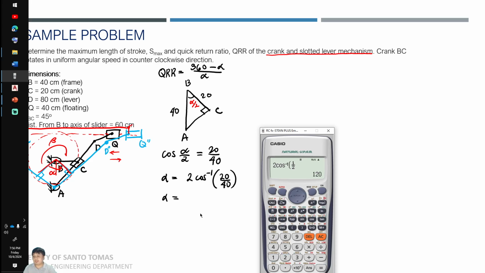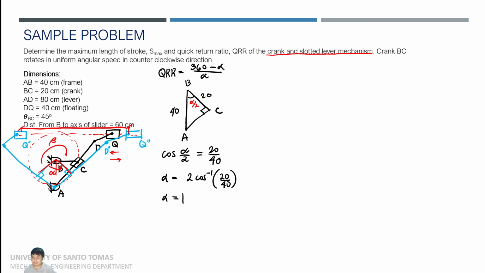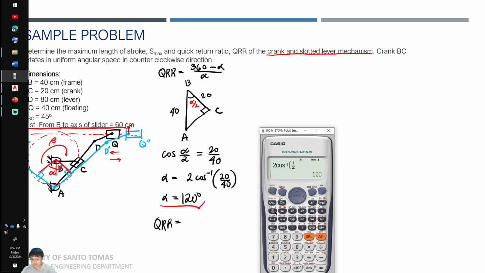So you have 120 as your alpha. Therefore, we can say the QRR is equal to 360 minus 120, all over 120. So the answer is 2.